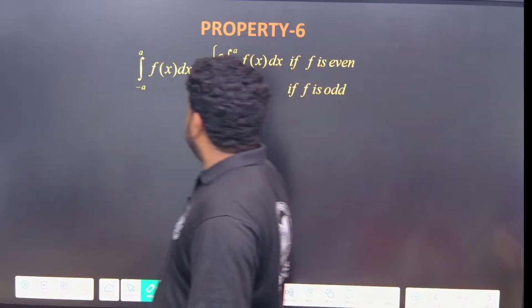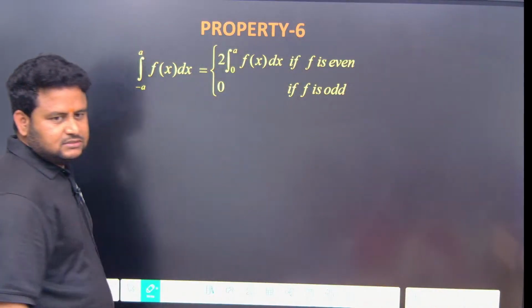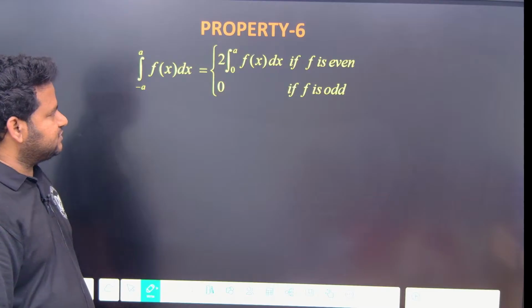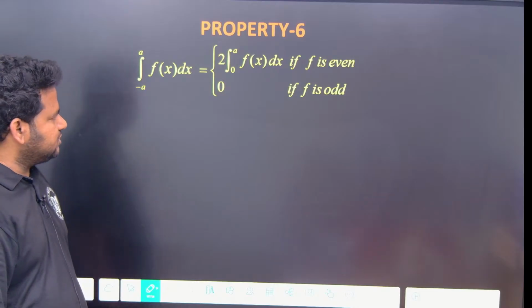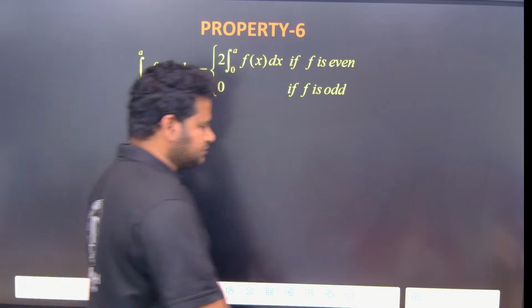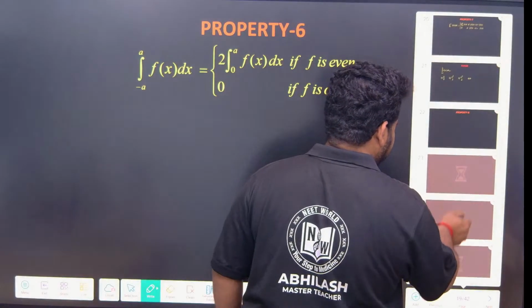Property 6: integral from minus a to a of f of x dx can be written as 2 times integral from 0 to a of f of x dx if f is even, and it is equal to 0 if f is odd. Now look at this question, what they have given.